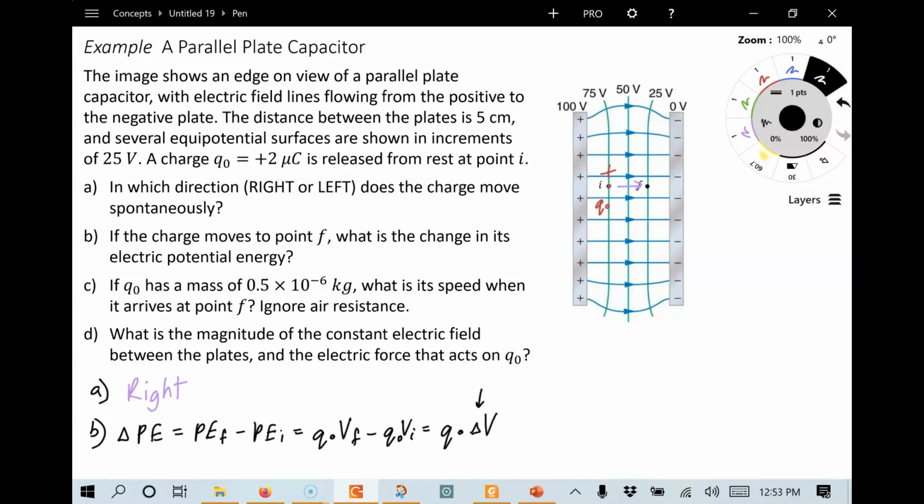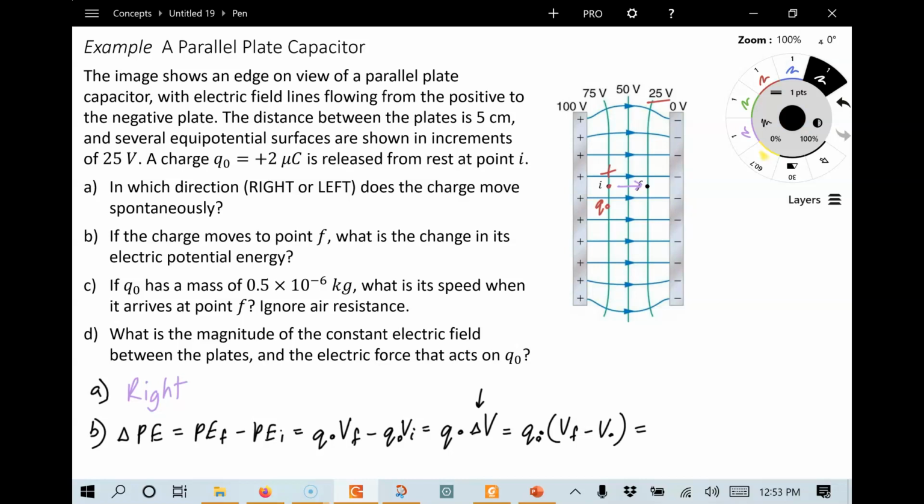We call this the electric potential difference, or the voltage. And in this case, we can calculate that as well, because the electric potential difference is V final minus V initial. Those are labeled on the equipotential lines, right? V final right here, 25.